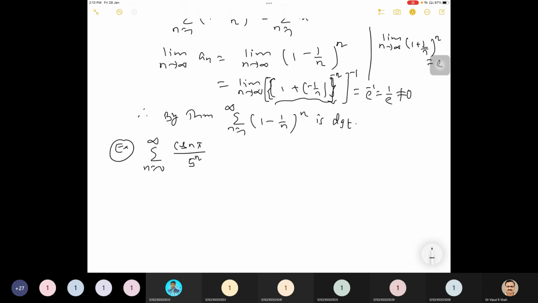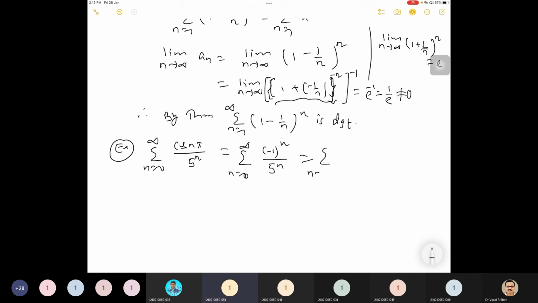Can we write minus 1 raised to n in place of cos n pi? Very good. So this is minus 1 power n upon 5 power n.